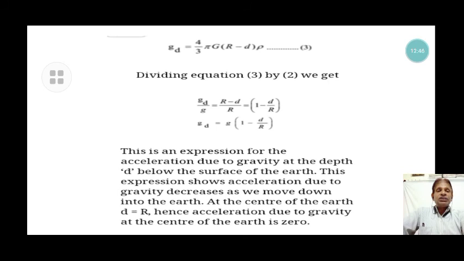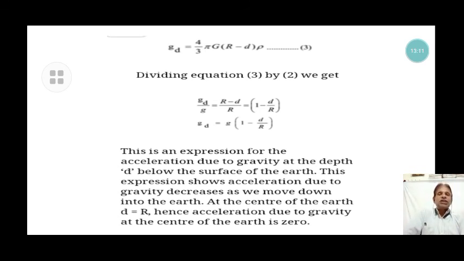Now gd is equal to g into 1 minus D by R. This is the expression for the acceleration due to gravity at a depth D below the earth's surface.